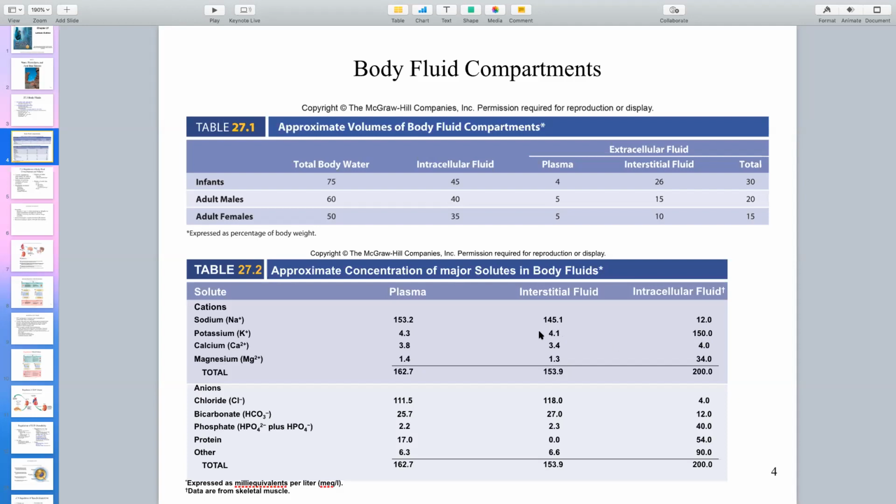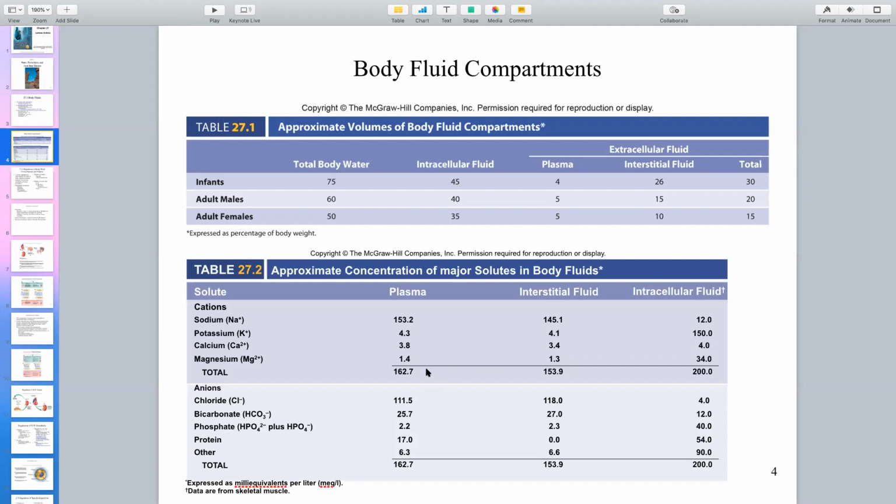Outside in the interstitial fluid, 4.1. So we're talking about like a 3,000%, almost 4,000% difference here. Huge number difference. And then take a look at your plasma. Very similar. So the plasma mirrors the interstitial fluid. Why? Because they're very, very intricately linked to each other.